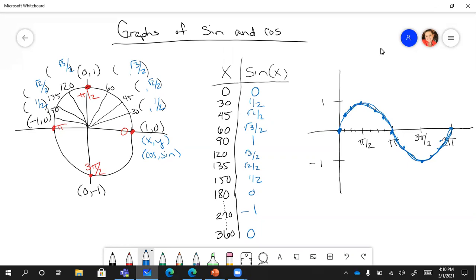Let's try cosine. And I'm going to put it right next to it so we can compare. At 0 degrees, cosine is 1. And then it's root 3 over 2, root 2 over 2, 1/2. Cosine up at 90 is 0.